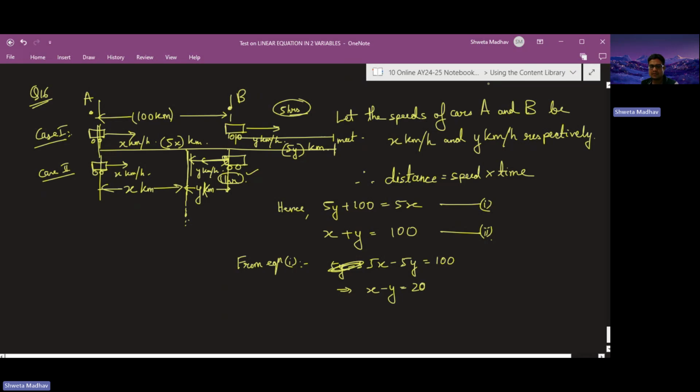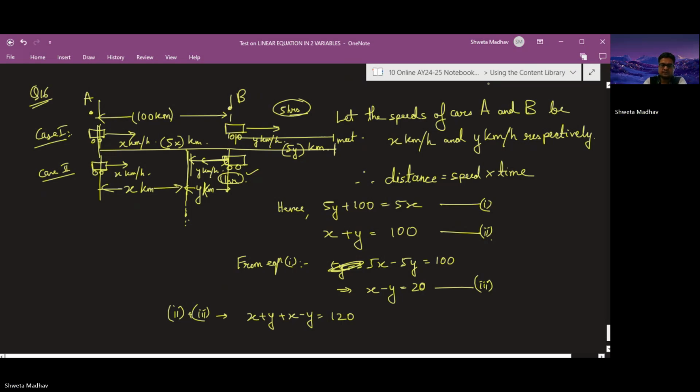So x minus y is equal to 20. This is equation 3. And x plus y is 100, which is equation 2. Now adding equations 2 and 3, we get x plus y plus x minus y is equal to 100 plus 20, that is 120.